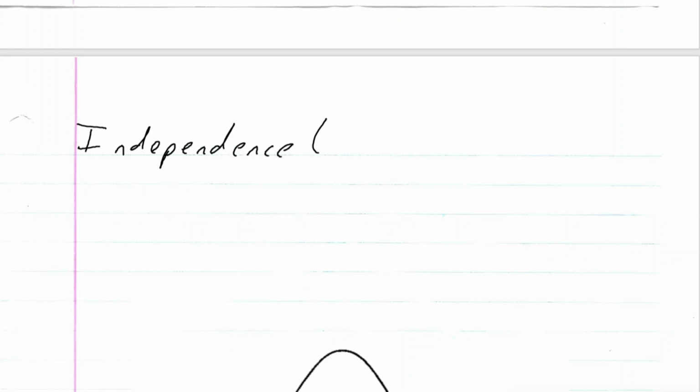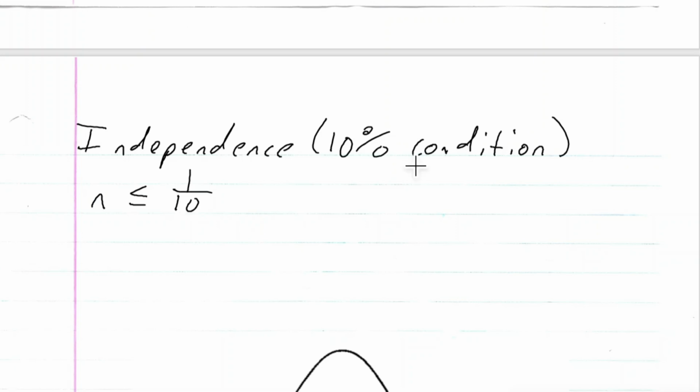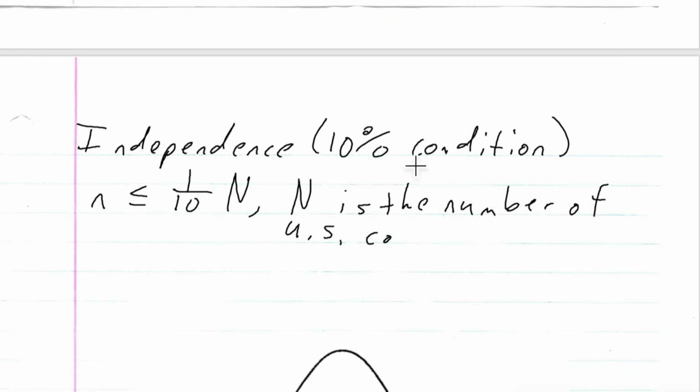And that is just the 10% condition that we've been using in the past. Remember, the 10% condition says that n has to be less than or equal to a tenth of big N. In this case, big N is the number of U.S. college students.